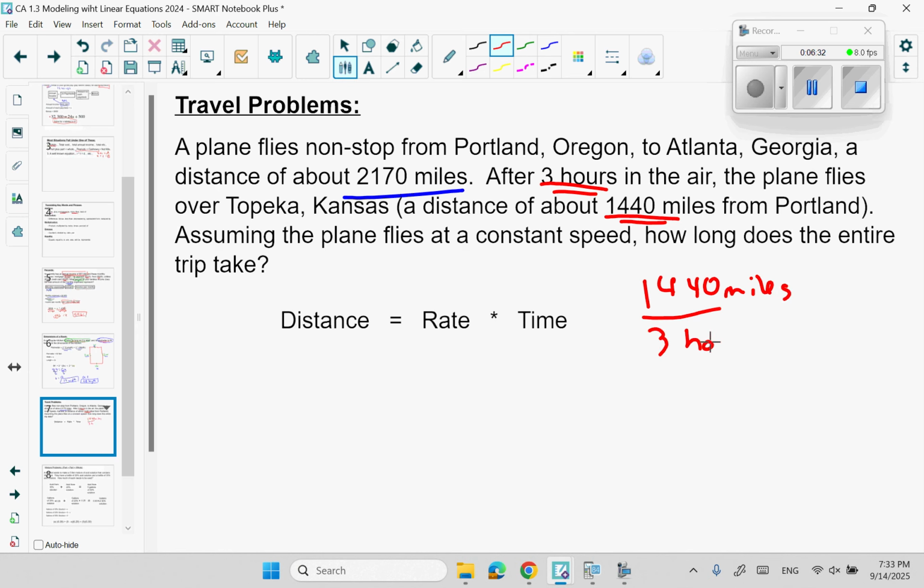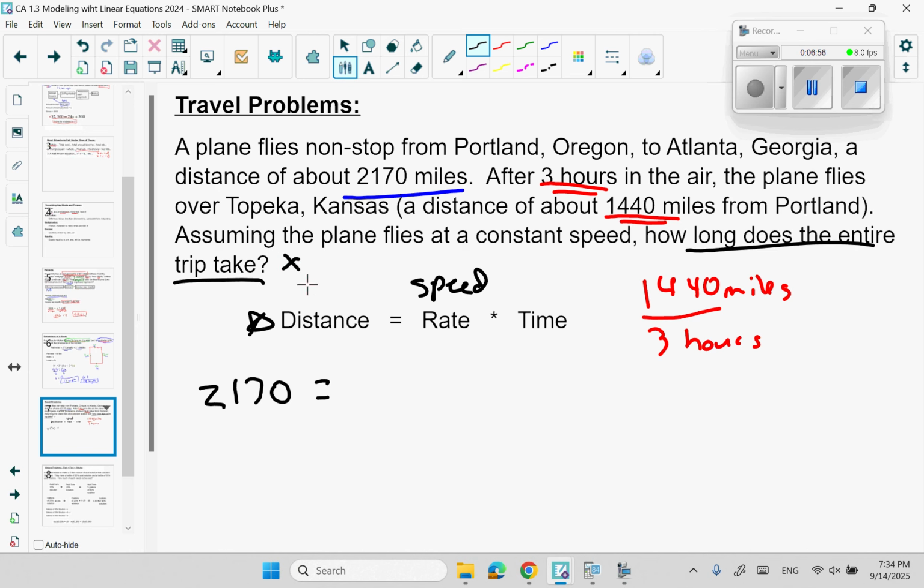Assuming the plane flies at a constant speed, how long does the entire trip take? So this would be a distance equals rate times time problem. The nice thing is I know the total distance is going to be 2170. Rate would be speed. I don't know that yet. And time is what the question's asking, because how long does the entire trip take? I'm going to call that x, or probably should just call it t for time.